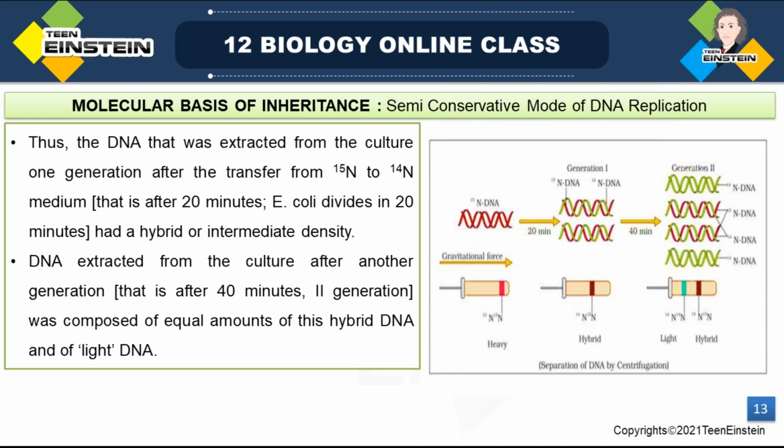The DNA extracted from the culture after another generation, that means after 40 minutes, was different. The first sample was after 20 minutes, soon after the transfer. The second was after the next generation formed.